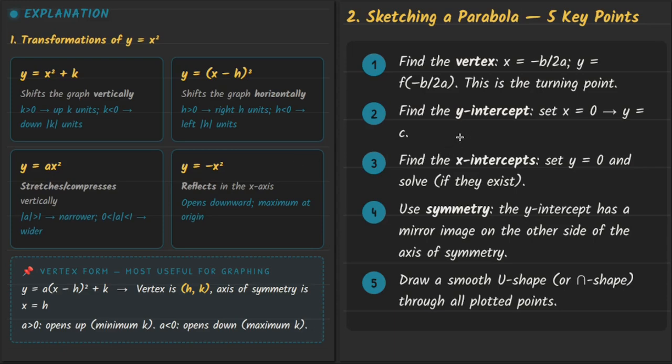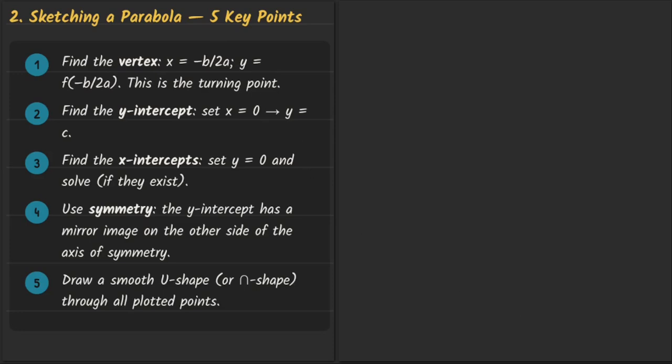So in our introduction, I told you we'll be learning how to sketch a parabola. Now, when it comes to sketching a parabola, there are 5 key points we need to take note of. So anytime we have a parabola, we need to be able to determine our vertex.